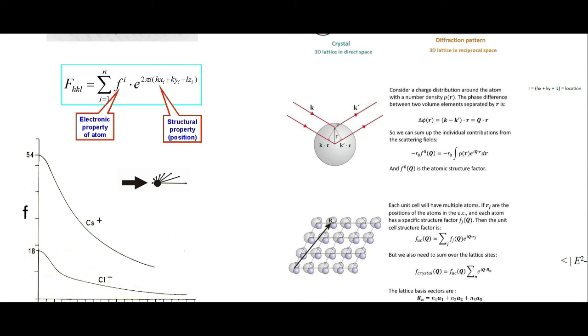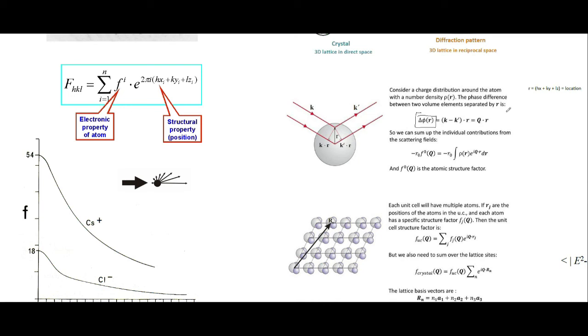And so that's going to give us different phase differences from the reflected X-rays off of it. And so we get our phase differences here, which is the difference between our incoming and outgoing X-rays.